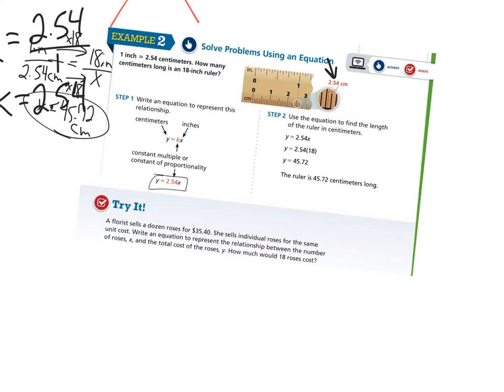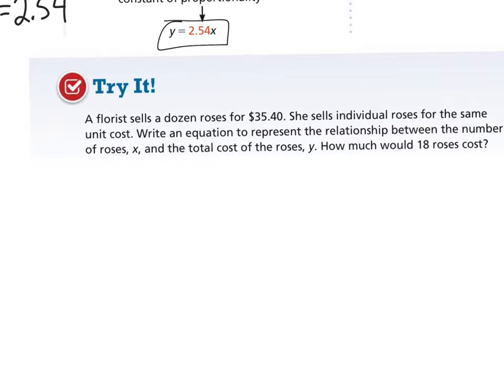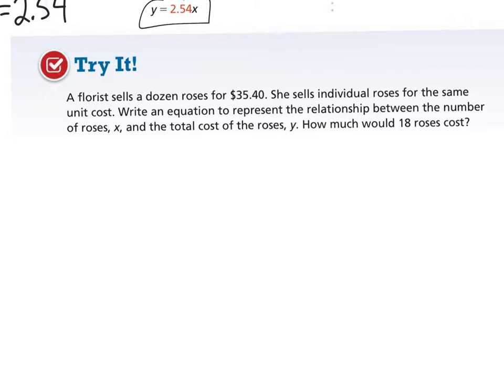So if we look at the try it, this is not typically the situation, but a florist sells a dozen roses for $35.40 and sells individual roses for the same unit cost. Normally, if you've ever heard the phrase cheaper by the dozen, if you buy something by the dozen, it's cheaper than buying 12 things individually.